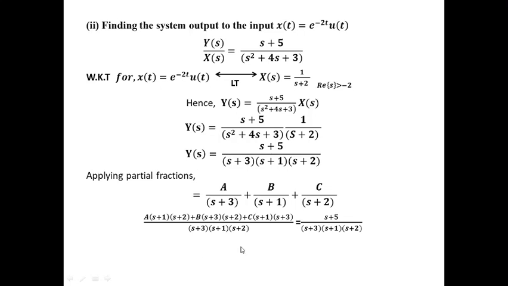So we can take LCM, apply partial fractions in any manner that you want, take suitable values for s and solve for partial fractions. You will be getting A equal to 1, B equal to 2 and C equal to minus 3. Substituting this, y of s will be equal to 1 by s plus 3 plus 2 by s plus 1 minus 3 divided by s plus 2.